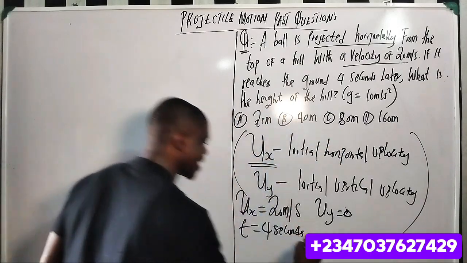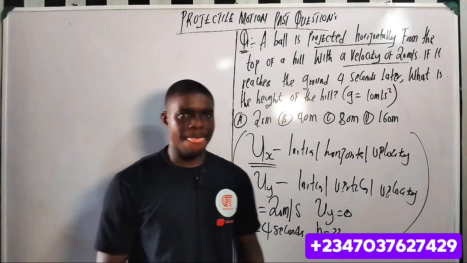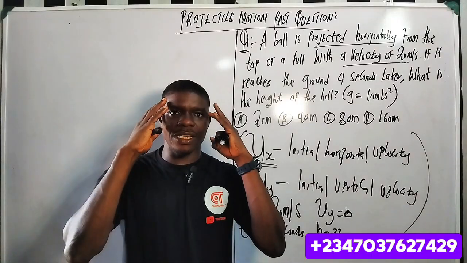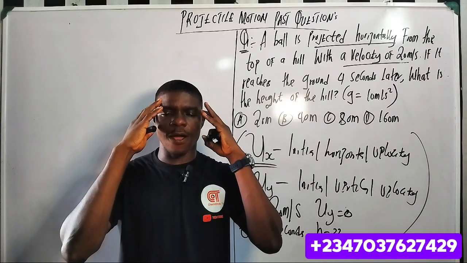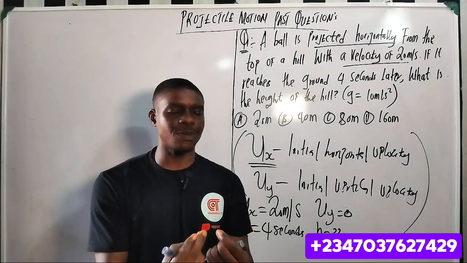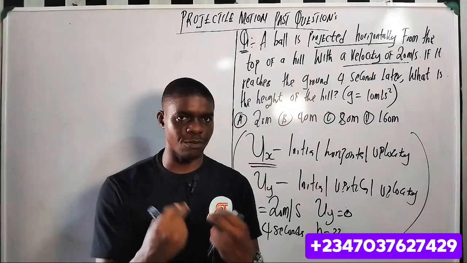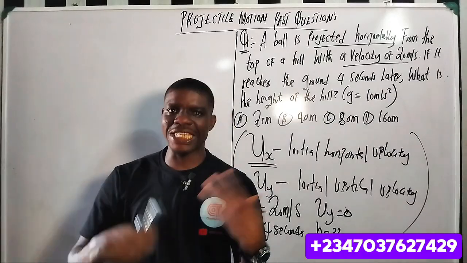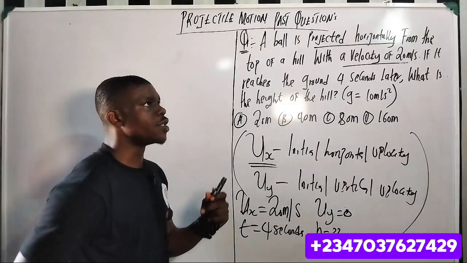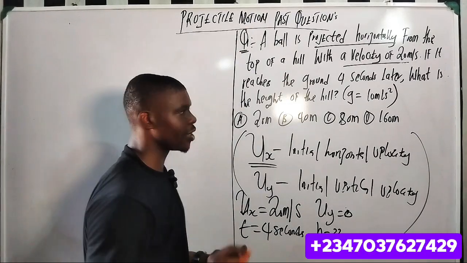What are they asking for? The height. Good. Look at something here. Whenever you see this kind of question, the equations of motion should come to your mind. By now, you're supposed to know the equations of motion. We have 3 key equations of motion. Remember, when the body is moving horizontally and vertically, please pay close attention here.